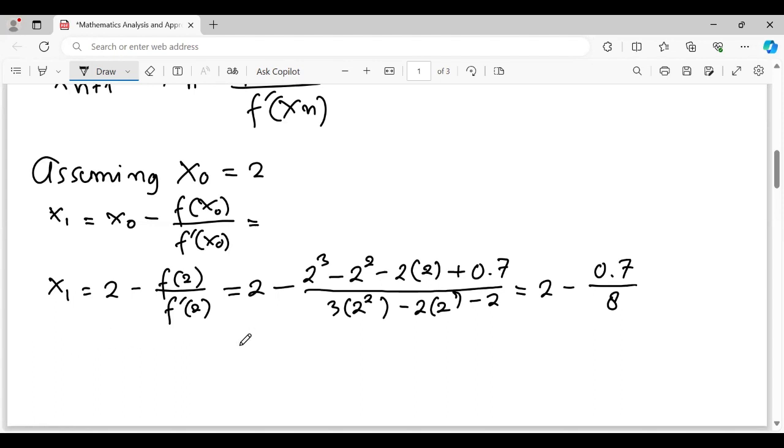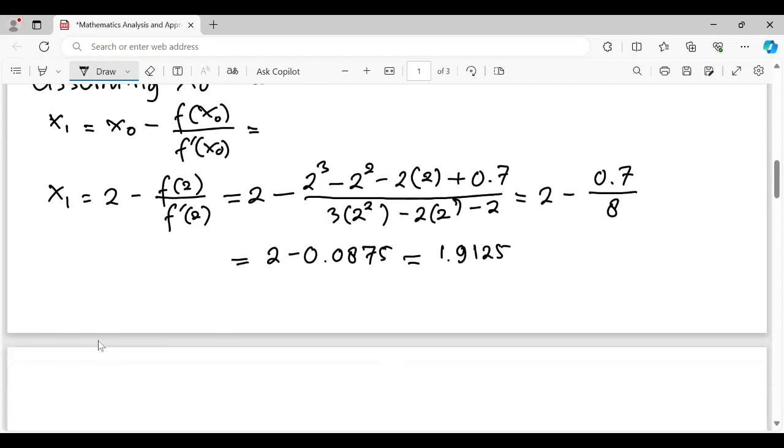So it is 2 minus 0.0875, which becomes 1.9125. This is x1.